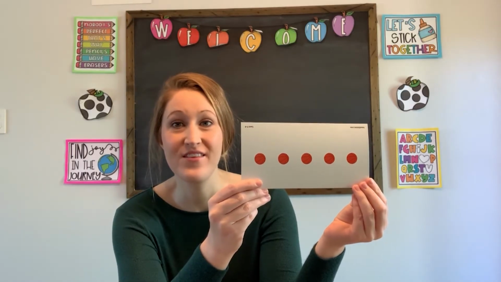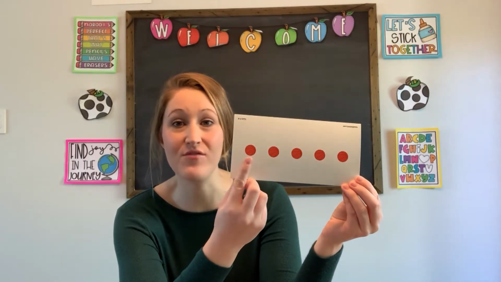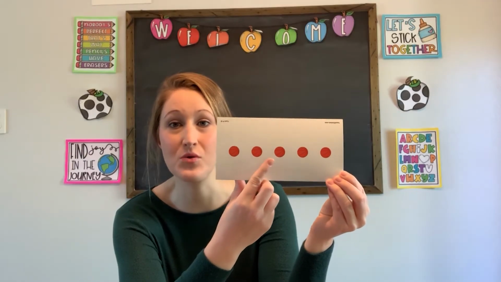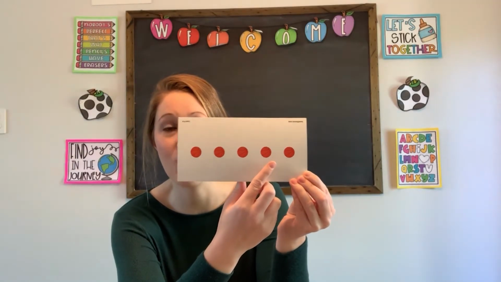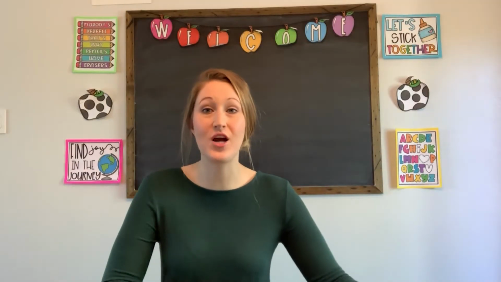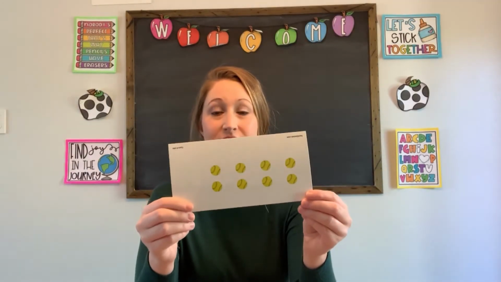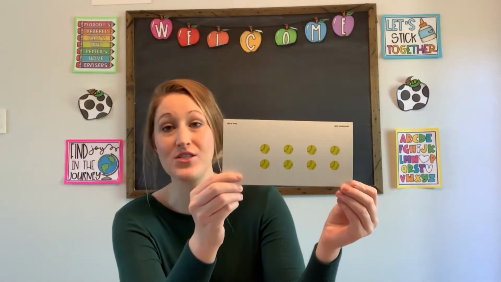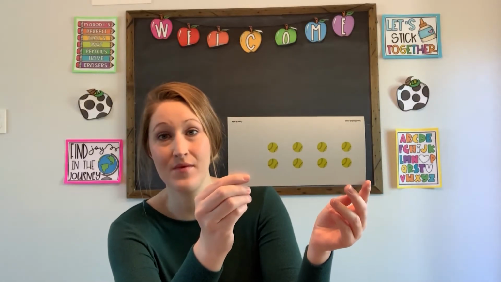How many basketballs do you see on this card? Very good. There's 5. 1, 2, 3, 4, 5. You guys are pretty good at this. All right, let's try with some softballs. How many softballs are on this card?